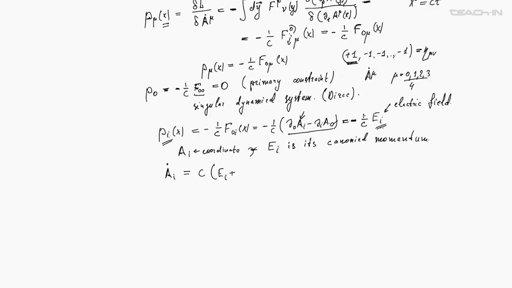So I'm comparing this and this. The minus goes away, and I express this d0 ai via the electric field and this extra term di a0. So this is how ai dot looks via the electric field and the spatial derivative of the electromagnetic potential A0.